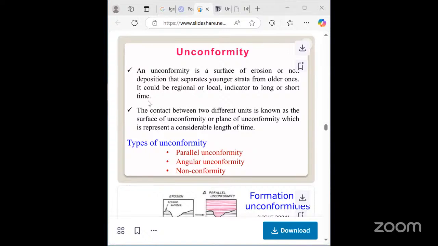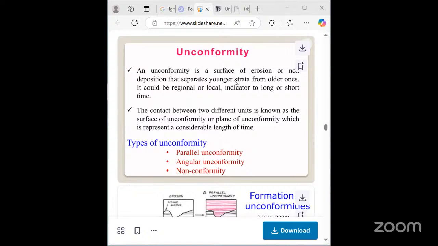These unconformities result from tectonic activity, in the form of uplift or subsidence of land. So it refers to a period of non-deposition, right? Unconformity means gaps in rock layers.